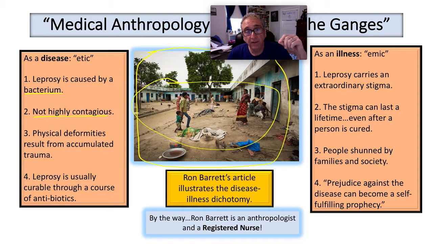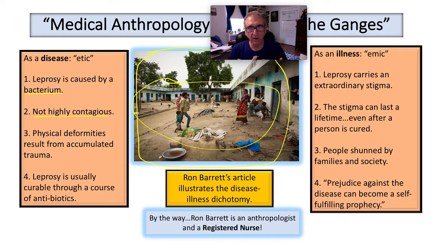Leprosy is a disease that attacks the nervous system, and so people who get leprosy can't feel as well. Their sense of touch and their sensation deteriorates. So because of that, they're constantly hurting themselves. They're burning themselves and cutting themselves and so on.